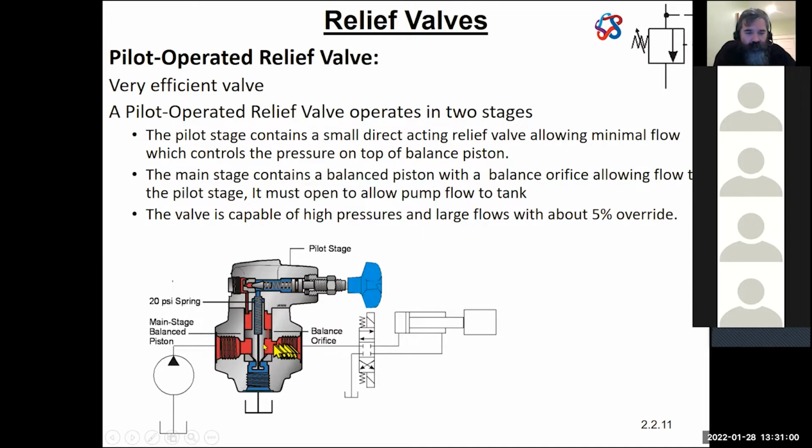So these red areas are actually all connected, these two, and then I've got this round spool that can move up and down, acting against this 20 psi spring. If you look, there's a tiny little orifice drawn in there that allows a very small amount of fluid through, like a cubic inch per second. Not a lot of fluid when I'm pumping gallons per minute.